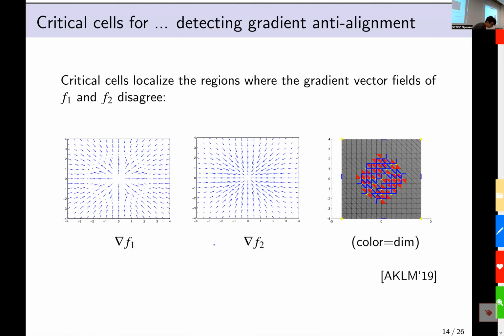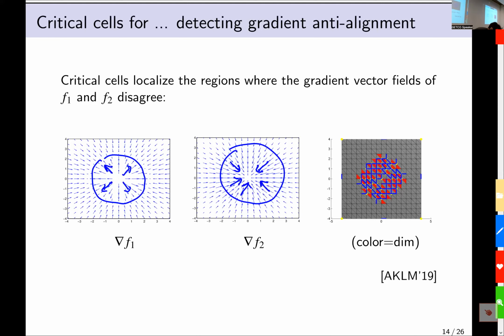I don't know if you can see it, but in this region outside here, the two gradients are exactly the same, whereas inside the region they are opposite, because here all the arrows are like this, and here all the arrows are like this.